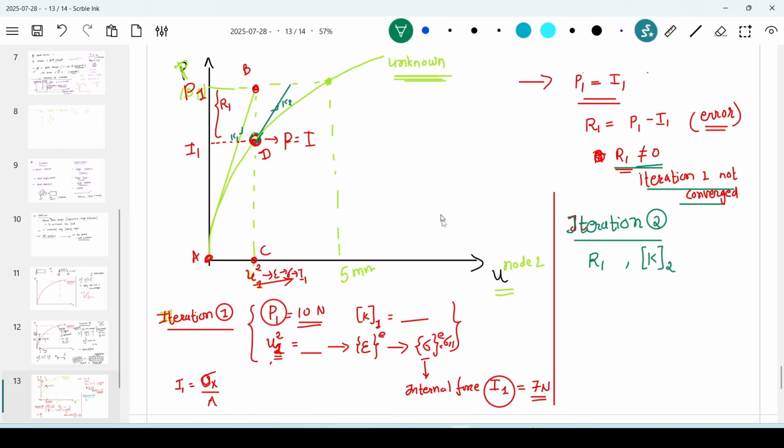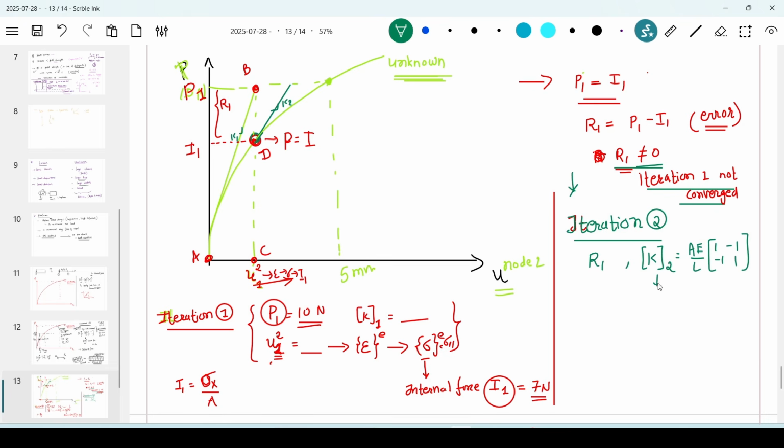The new deformed configuration is, we have all the displacements, right? Stresses and strains, so displacement is known, so we know the new deformed configuration at this point D. That is coming from iteration 1. So the new stiffness matrix, which is AE by L for this bar element, we can find.